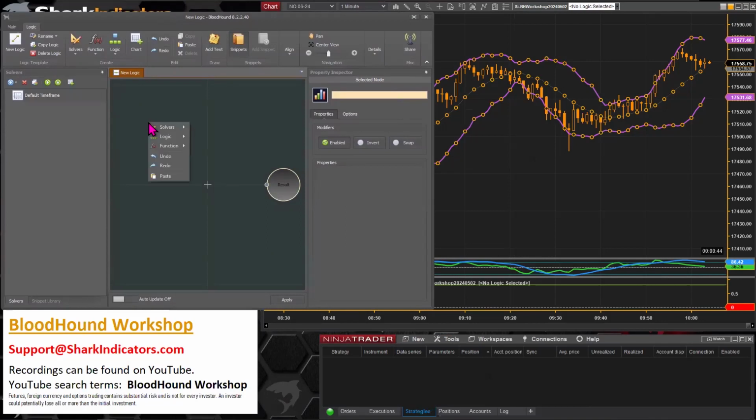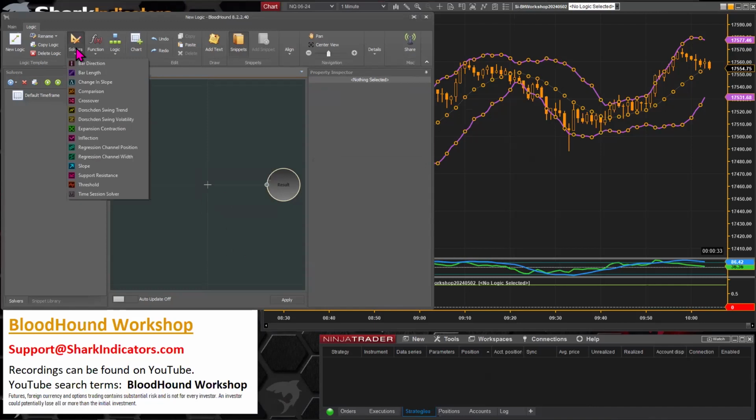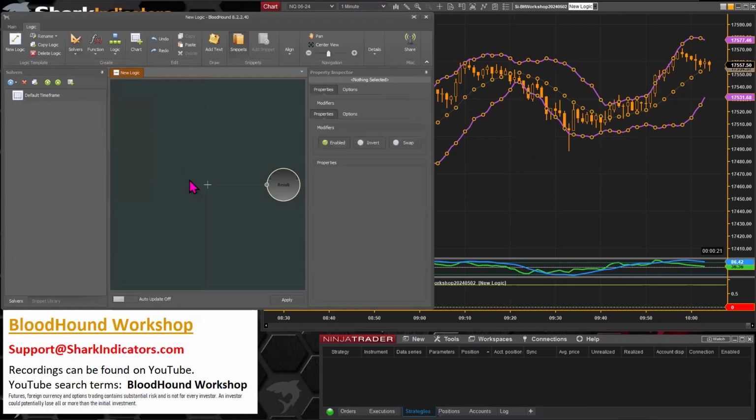All right, so we can either right click on the workboard here and go to solvers, or again, you do have the list of solvers here from the menu ribbon. So this is called the menu ribbon. All right, so let's put the expansion contraction on there.